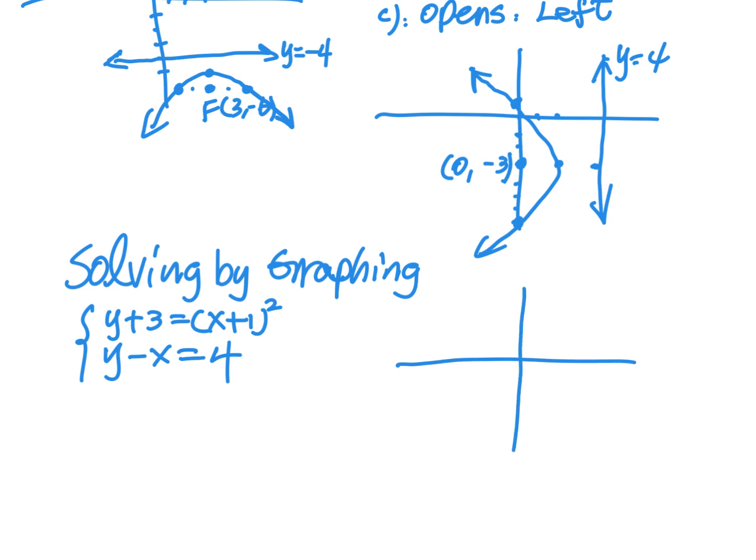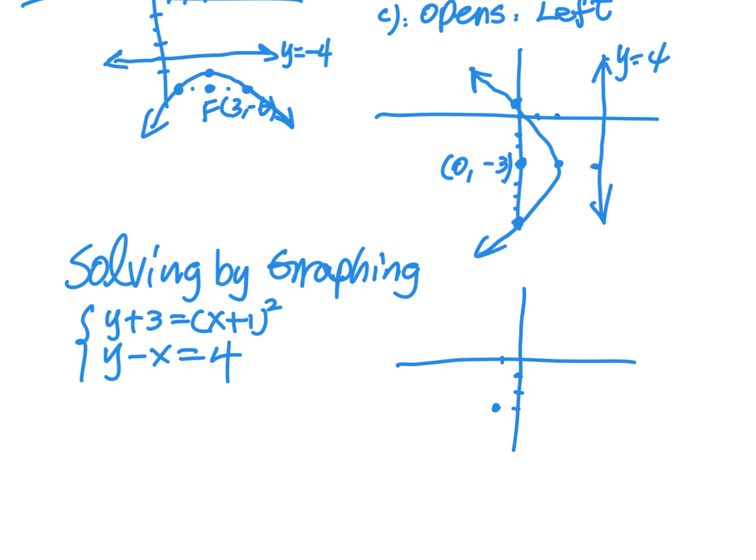This opens up, so x equal to negative 1, y equal to negative 3. 1, 2, 3, right here. So when you graph, you go by pattern. Okay.